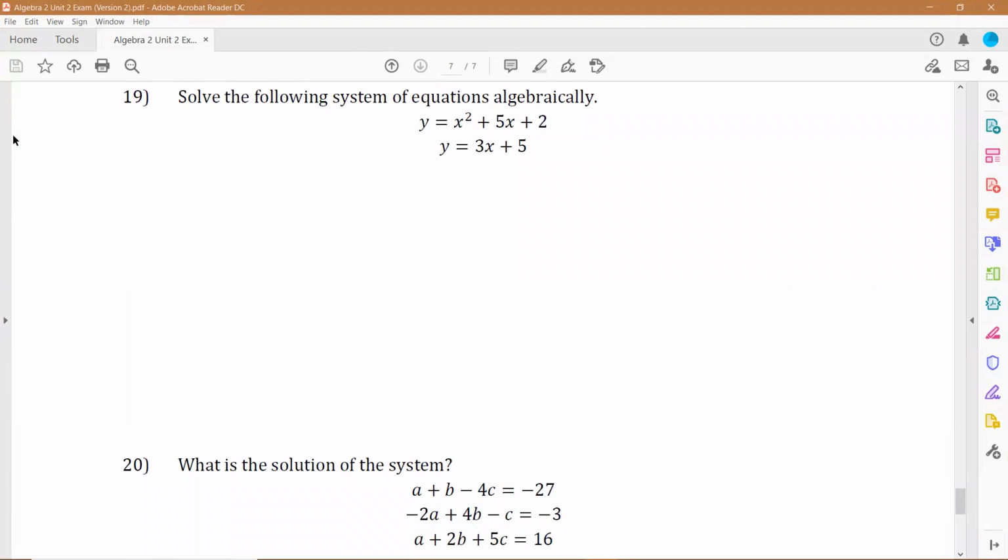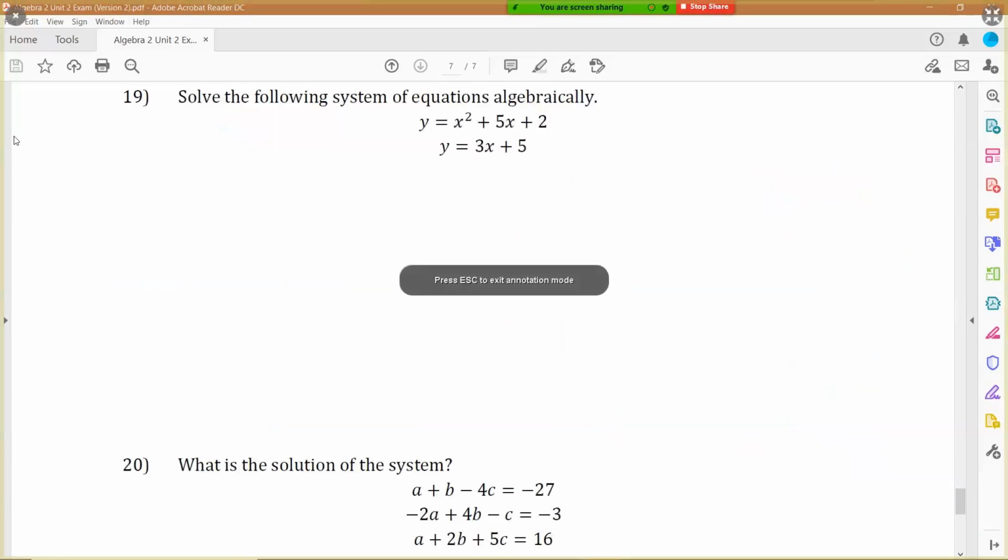Question 19, we're going to solve this system of equations algebraically. I've given you a quadratic equation and a linear equation, but notice they're both set equal to y. This is where we talked about if I'm the same age as Michelle, Michelle is the same age as, let's pick on Haley this time, Haley, then we can conclude that I'm the same age as Haley.